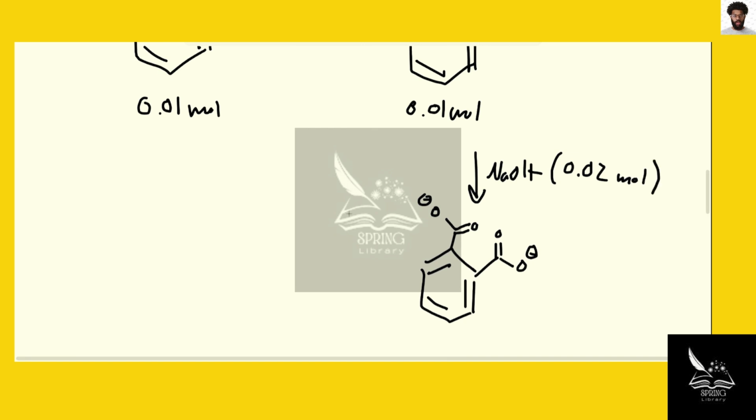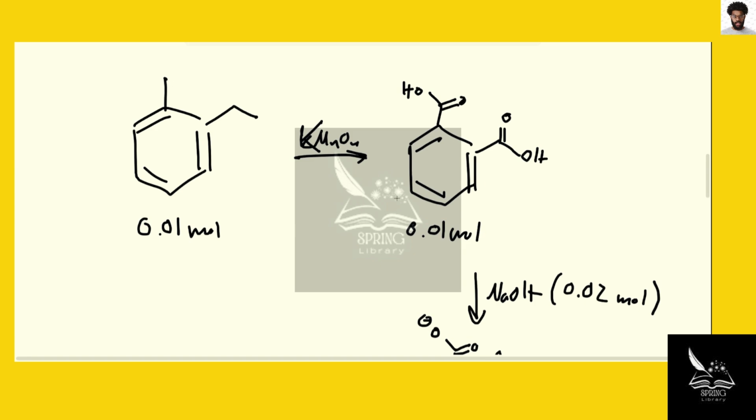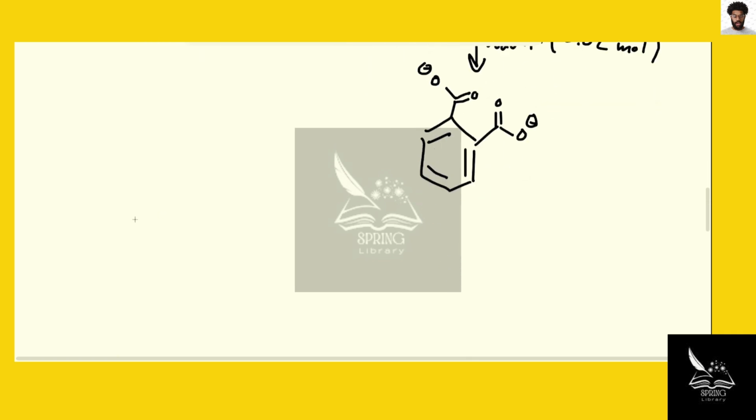And then finally, what they're saying is if they took this molecule and monochlorinated it, that would be Cl2 with AlCl3, there are 2 possible products that you could get out.